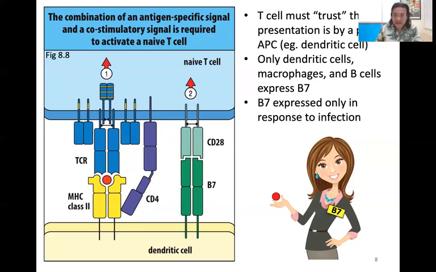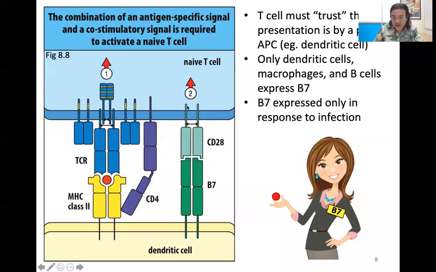And that lets lymphocytes know that, hey, if I show you something here like this red dot, and this is the peptide that your T cell receptor was designed to recognize, you can trust me because I'm showing you B7. So you know that this is a professional antigen presenting cell. And importantly, our body is currently experiencing an infection, so you need to pay attention to this.